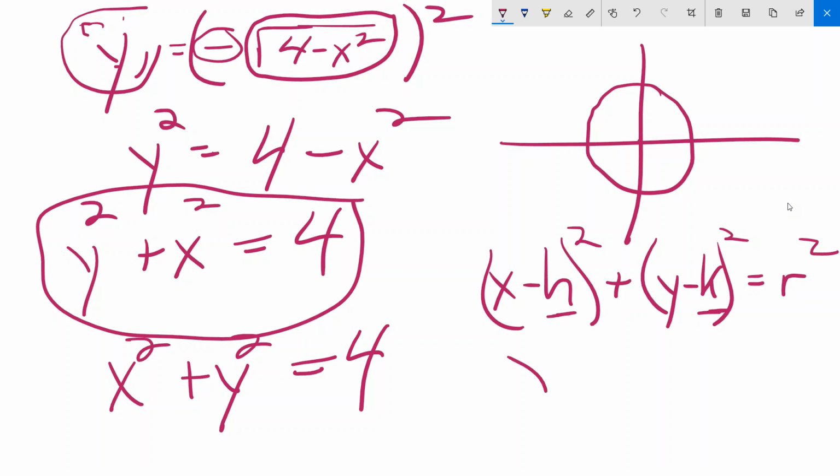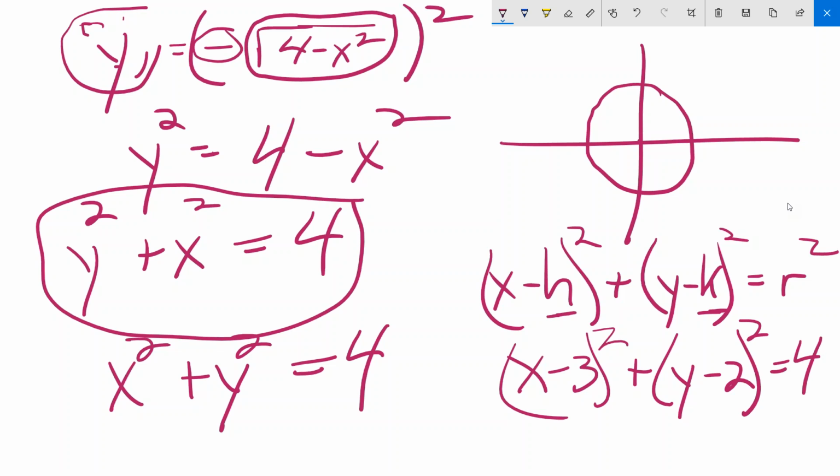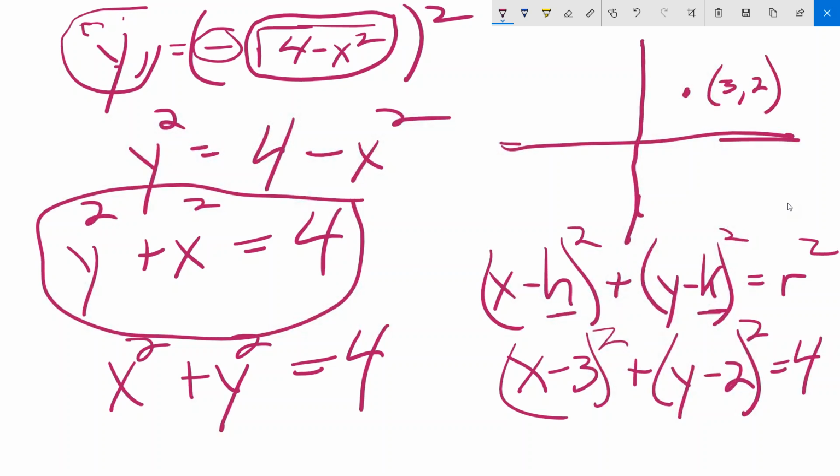If it was x minus 3 squared plus y minus 2 squared equals 4, then my circle would have its center at 3, 2, and I would have a circle about that point with a radius of 2. So that's how you know.